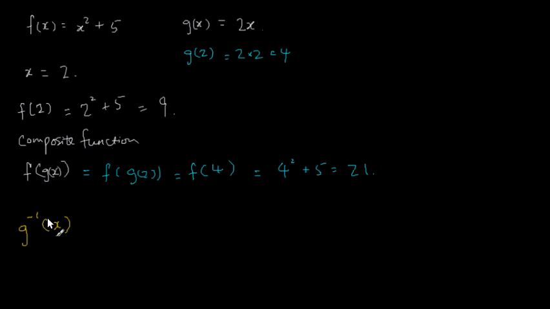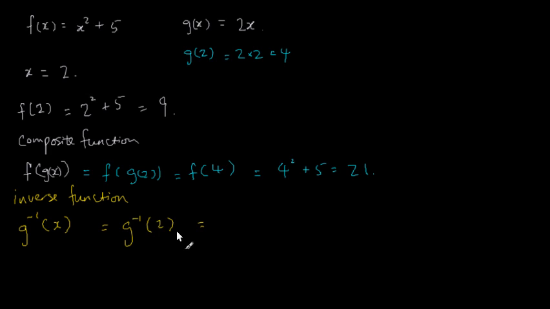Now the minus 1 here does not actually mean 1 over this value. What it really means is an inverse function. So if, for example, x is 2, what does this inverse function mean? What does it mean by g minus 1 of 2?